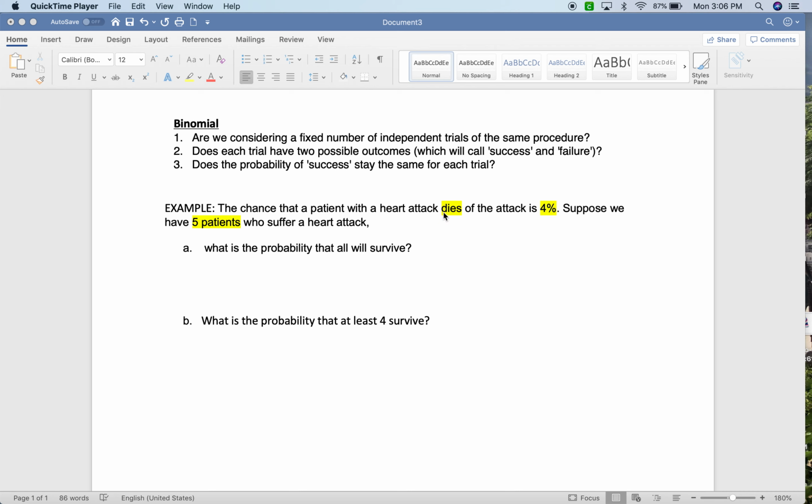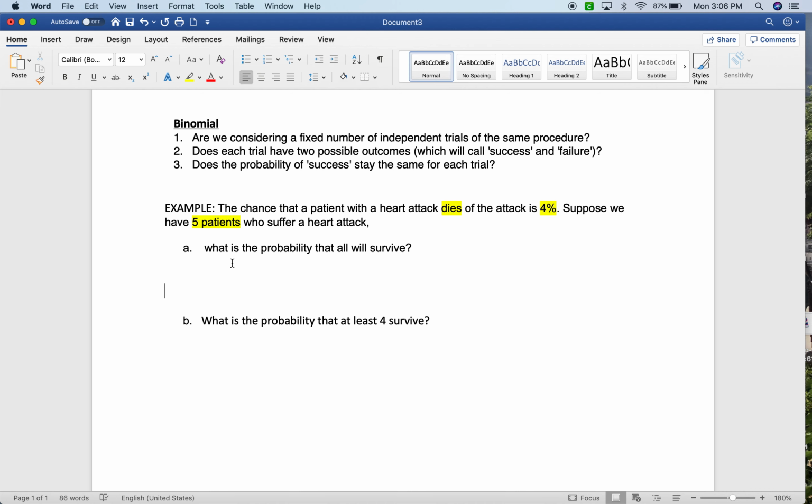They either survive the attack or they don't survive the attack. So that's our 2 possible outcomes, and it satisfies that condition. The third one, does the probability of success stay the same for each trial? Each patient has the same 4% chance that they die from the attack. So again, it checks off that condition. So this problem would be a binomial.